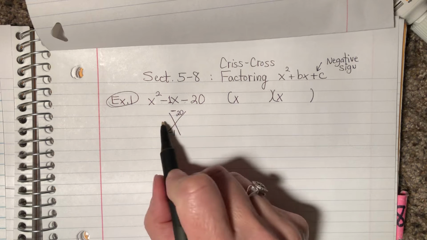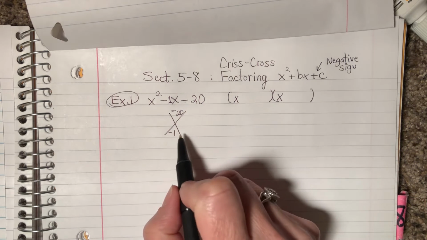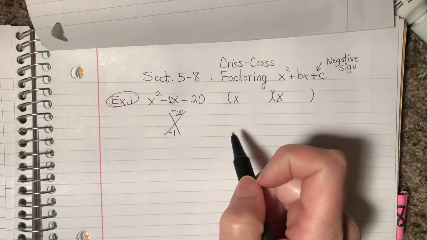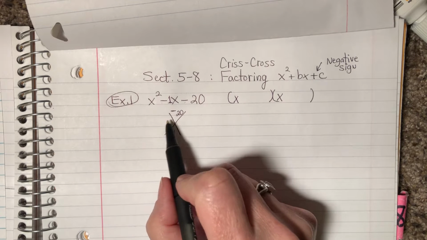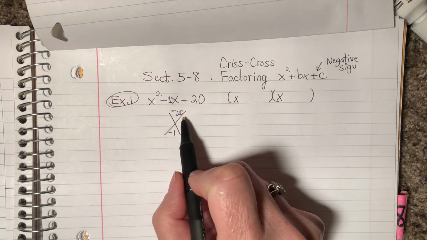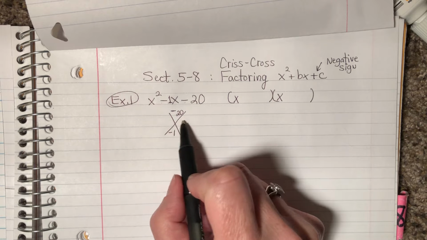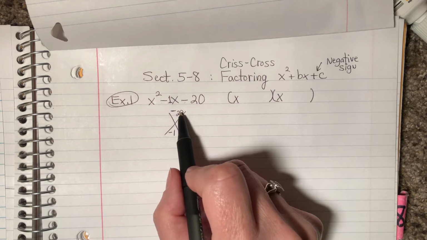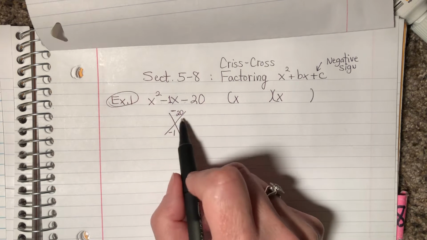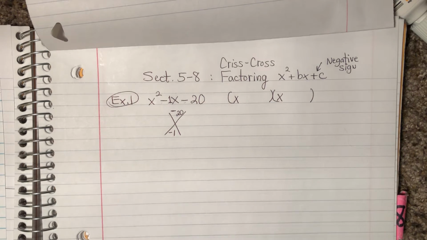Now I need two numbers that are going to multiply to -20 and add to -1. Well, 2 and 10, like -2 and 10, or 2 and -10, those can multiply to -20, but 2 and 10 cannot make a -1.